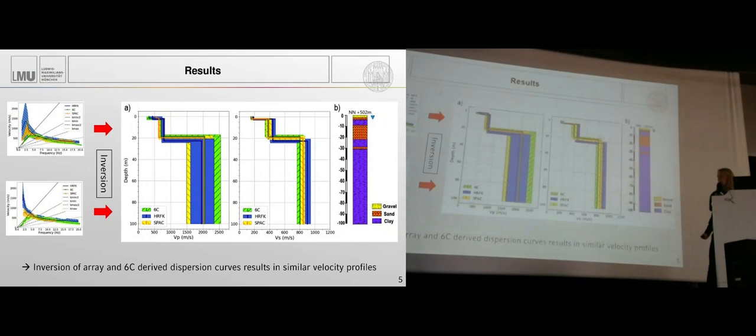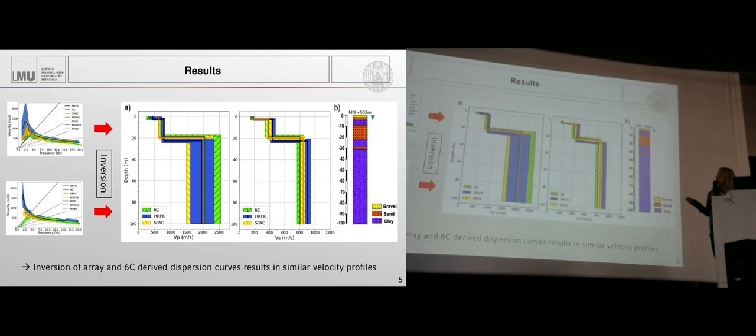In the next step, we take the dispersion curves from the different methods separately and invert them to get the P and S wave velocity profiles. In this case, I constrained the inversion to a 3-layer model, and we derived the upper 100 meters. We see that from all 3 dispersion curves from the different methods, we basically obtain very similar velocity profiles, which is really good.